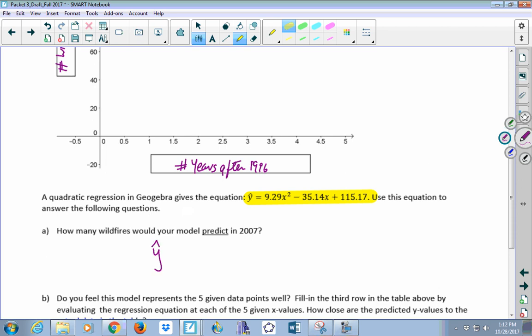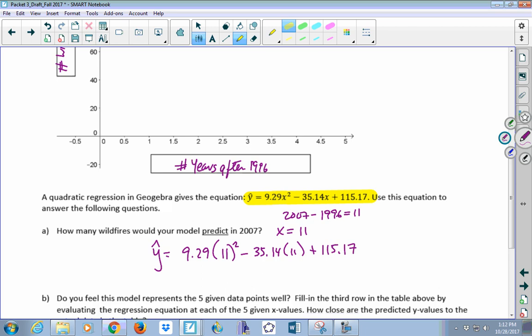So let's see how many wildfires we would predict using this model. So y hat, x equals 11 because 2007 minus 1996 gives us 11. So we have 9.29 times 11 squared minus 35.14 times 11 plus 115.17. When we do a little bit of arithmetic, we will get the number of wildfires that this model predicts.